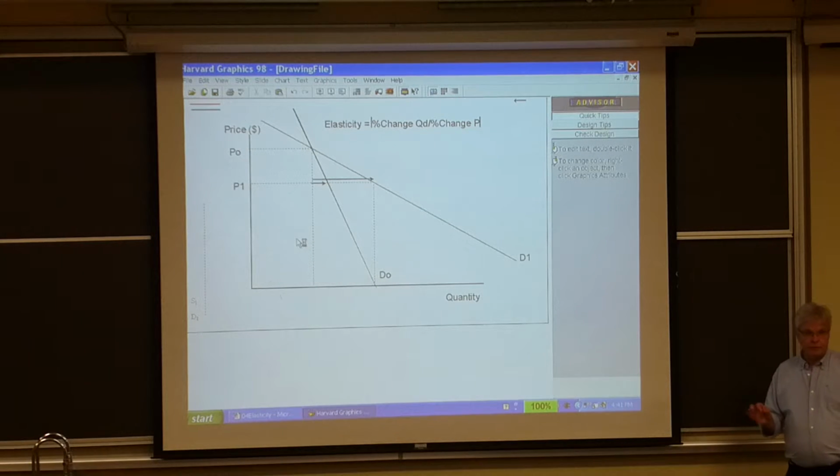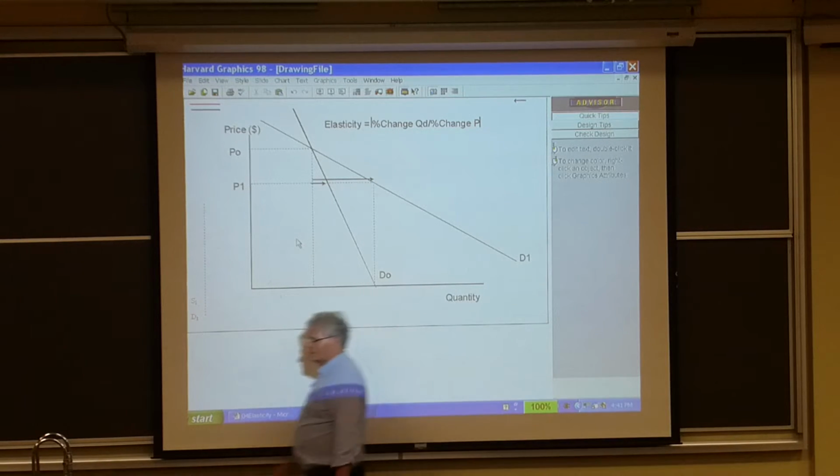Now this is key. The screw up is if you only compare the change. Notice the change here in price is like this. Now if I said, is this elastic or inelastic, or what is this number here?